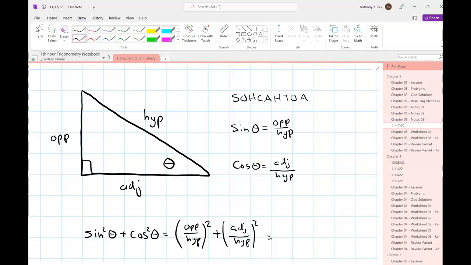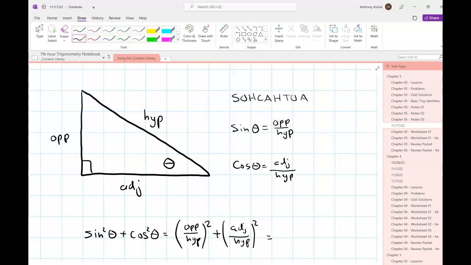If you have 1/2 squared, what do you get? 1/2 squared is just 1/2 times 1/2, which is 1/4, right? So what did we end up doing? We squared the top. 1 squared is 1. And we squared the bottom. 2 squared is 4. Everybody agree with that?